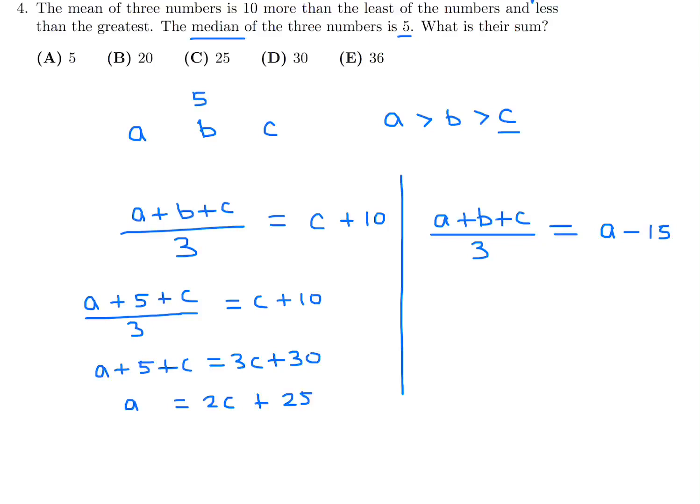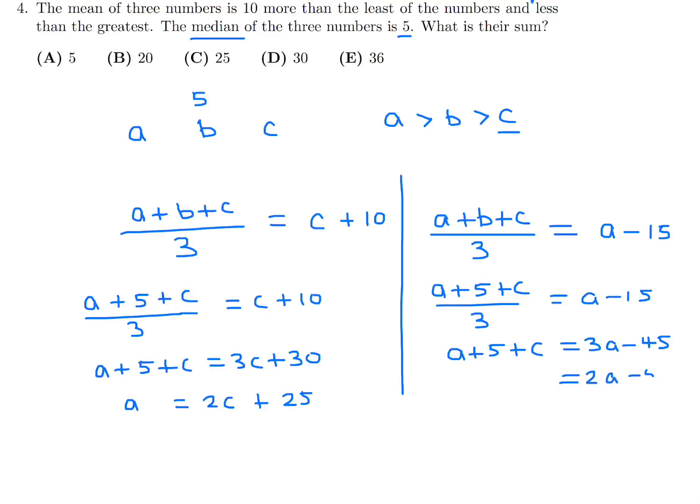All right, that's about as far as we can go there. Now let's go to the next one. A plus 5 plus C over 3 is equal to A minus 15. So this becomes A plus 5 plus C is equal to 3A minus 45. And therefore we have 2A minus 50 is equal to C.